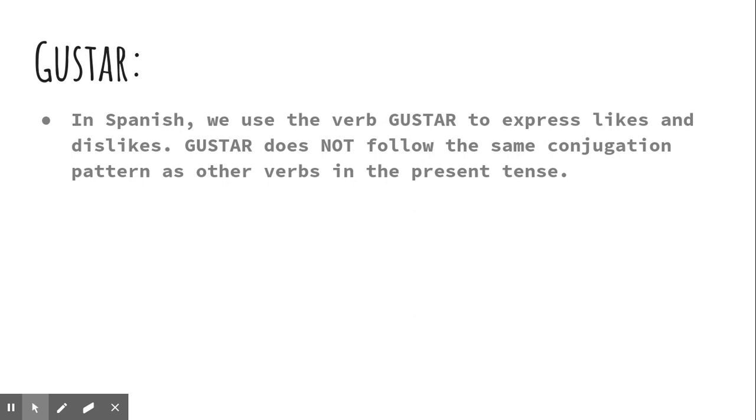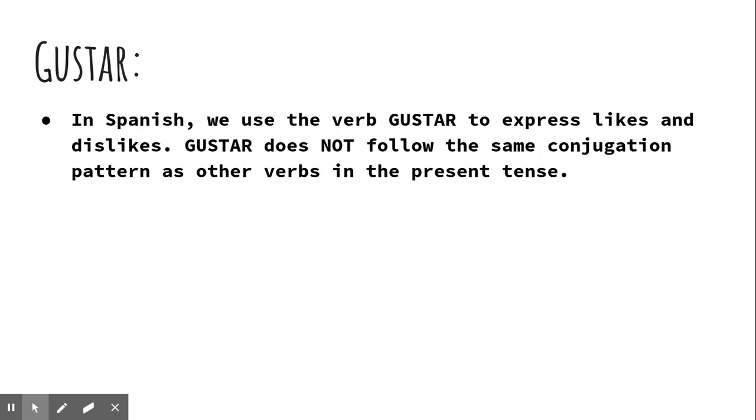Perfect. If you're done with the conjugations of AR, ER, and IR verbs, now let's talk about gustar. In Spanish, we use the verb gustar to express likes and dislikes. I'm showing you gustar in a different slide because gustar does not follow the same conjugation pattern as the other verbs in the present tense.